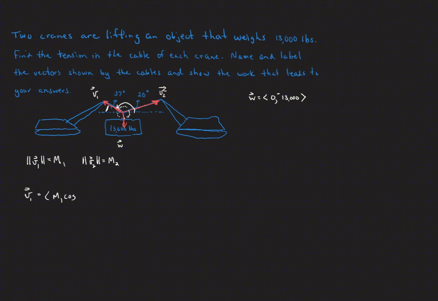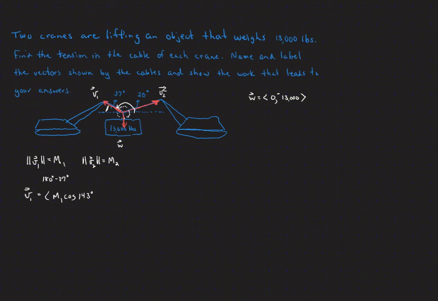So that angle is really going to be 180 minus the 37. And so that will account for the correct positive and negative sign for the components of our vector. So 180 minus 37 is going to be 143 degrees.